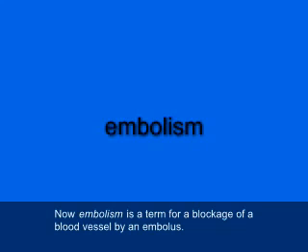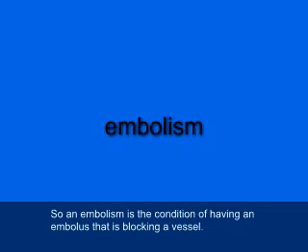Now, embolism. Embolism is the term for a blockage of a blood vessel by an embolus. So an embolism is the condition of having an embolus that is blocking a vessel. So be very careful in your study of those terms.